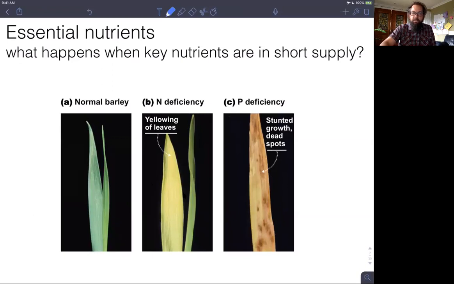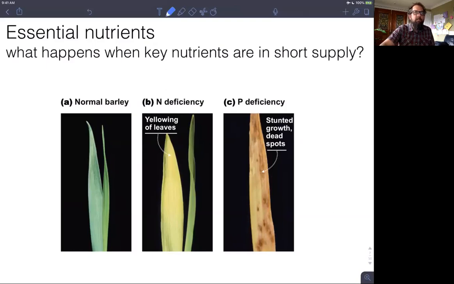If there's a nitrogen deficiency, one of the essential macronutrients, we see the yellowing of leaves. A really common symptom of nitrogen deficiency is seeing yellowing of leaves. With a phosphorus deficiency, another essential macronutrient, we'll see stunted growth and dead spots, necrotic tissue. That's what these spots are on the plant. And so that's for phosphorus deficiency.